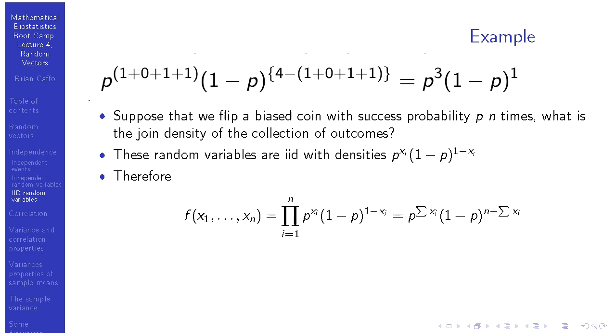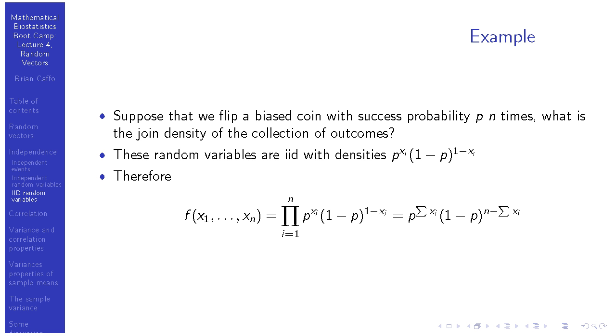So this formula makes it easy to calculate the joint probability for a collection of 1s and 0s from a potentially biased coin flip. I just want to mention again that this model is tremendously important. So imagine, for example, we want to model the prevalence of hypertension in a population. One way we might go about doing that is to say that our sample is IID.